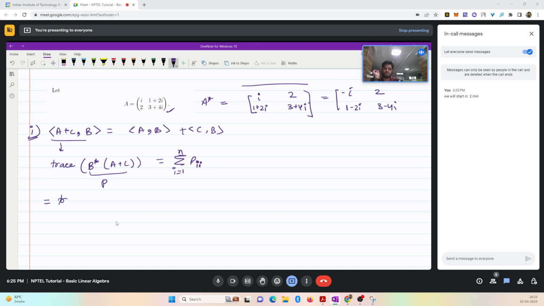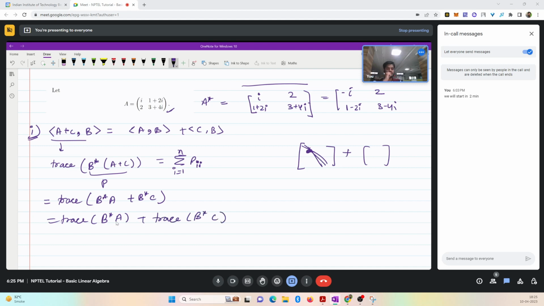So this is equal to trace of, we are just breaking this matrix product, B conjugate A plus B conjugate C. Okay. Now if you have, let's say, two matrices, and you take the sum, and then you take the sum of diagonals, then isn't it the same as if you take the sum of diagonals individually and then you add them?